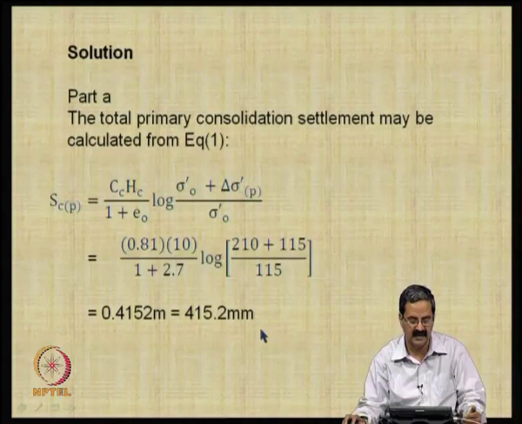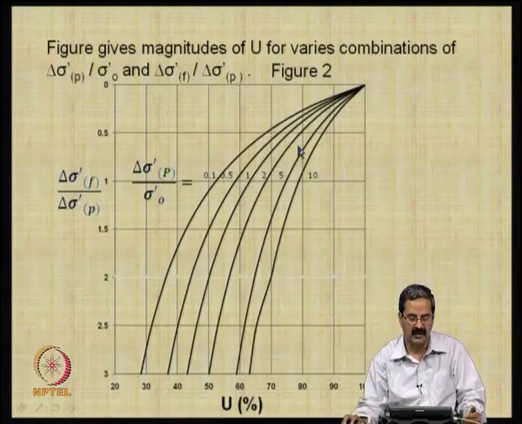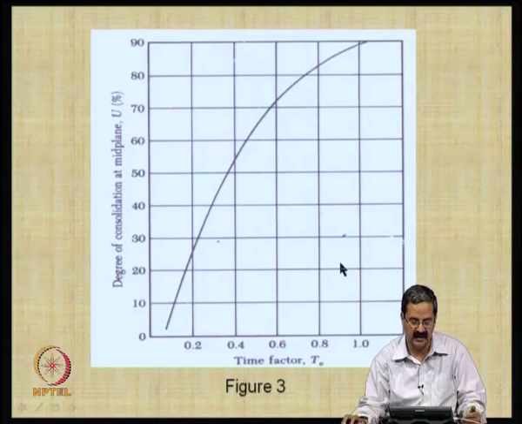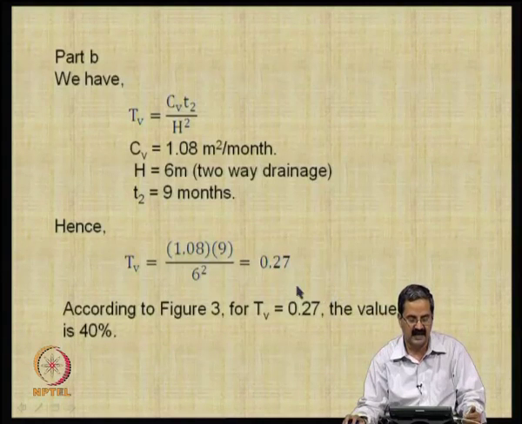We have seen this in the last class, and it is about 415 mm, the consolidation settlement that you can expect. With the principle that we studied last class, knowing the degree of consolidation at the mid plane and the time factor, you can calculate the degree of consolidation.